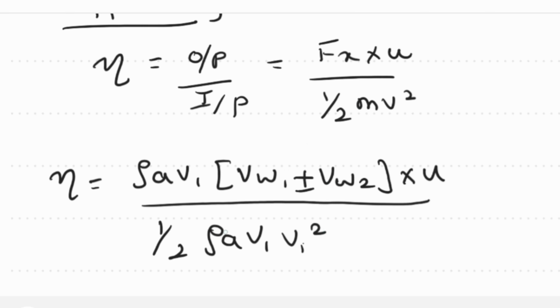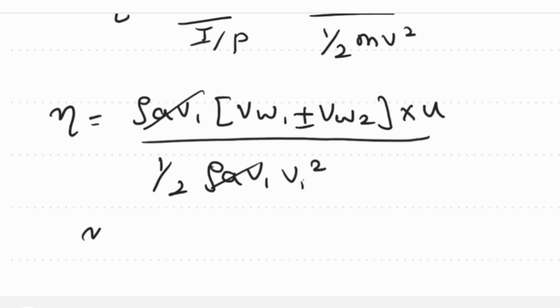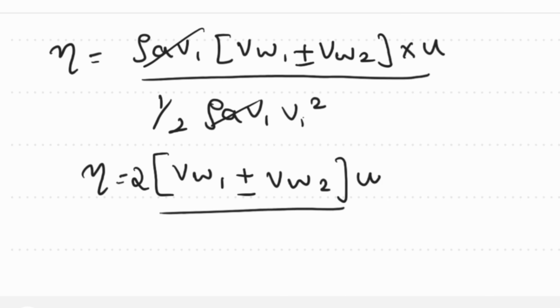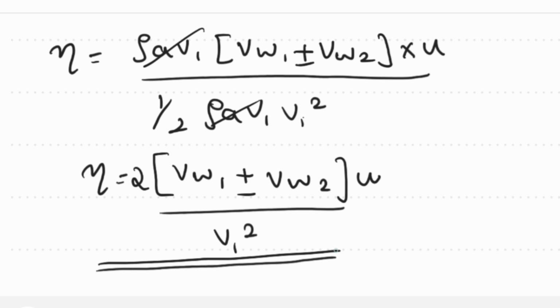So here rho A V1 and rho A V1 get cancelled. So efficiency is equal to Vw1 plus or minus Vw2 into 2 into u divided by V1 square. So this will be the equation for efficiency. Thank you.